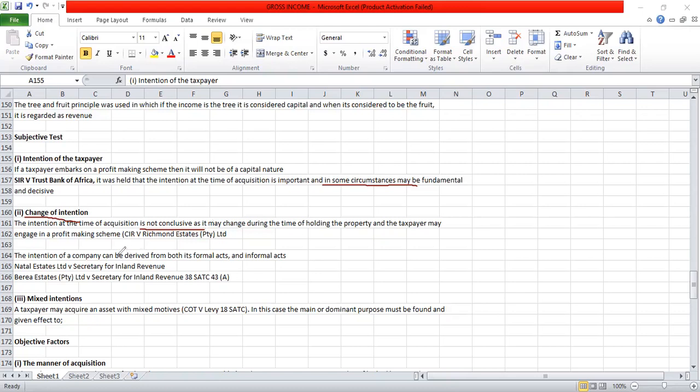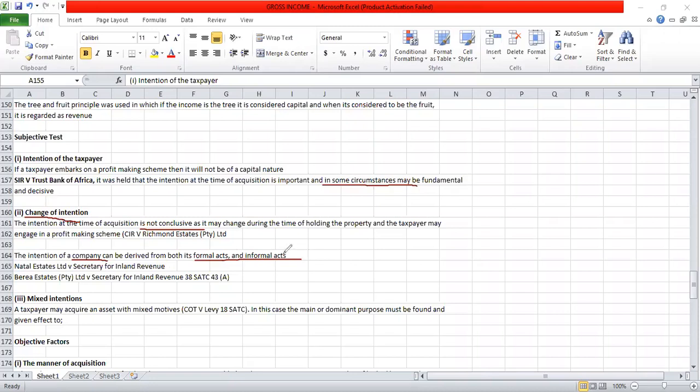So the intention of a company can be derived from both its formal act and informal act. That means what you do formally, in your discussions, in your meetings, and your express statements on what you need with the assets. Or informally, that means outside your other acts, as I said, they can show something.